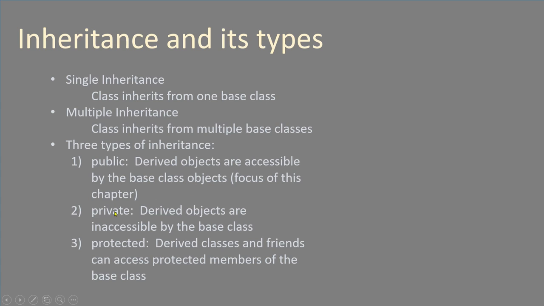In private inheritance, derived objects are inaccessible by the base class. In protected, the derived classes and friends can access protected members of the base class. We will discuss these three inheritance types with examples later in this lecture.